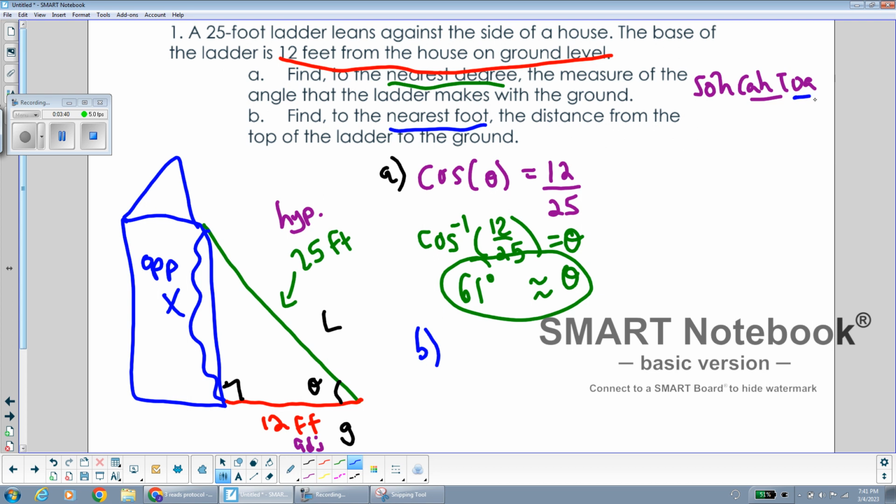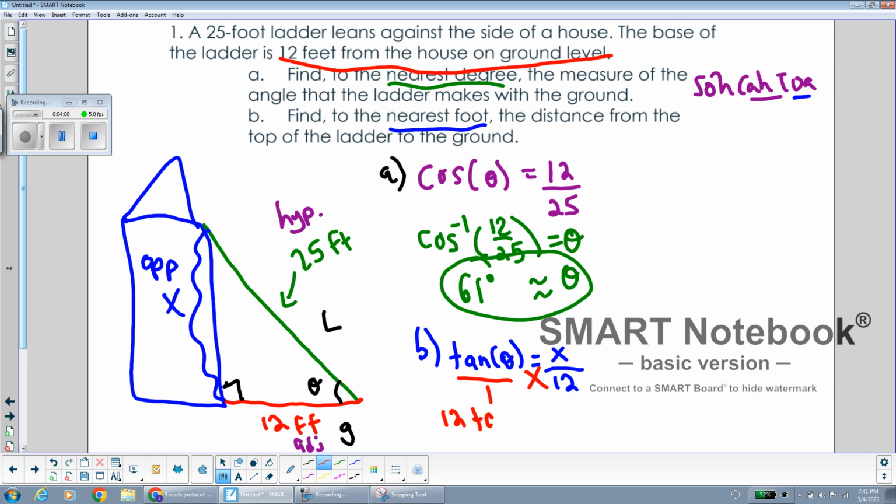So that would be tangent. Tangent of our focus angle is equal to opposite, which is x, over adjacent, which is 12. Since we're solving for a side, we can cross multiply.